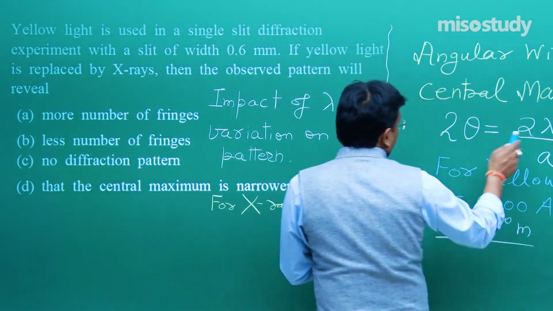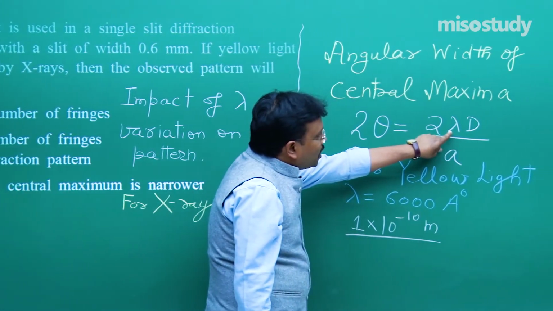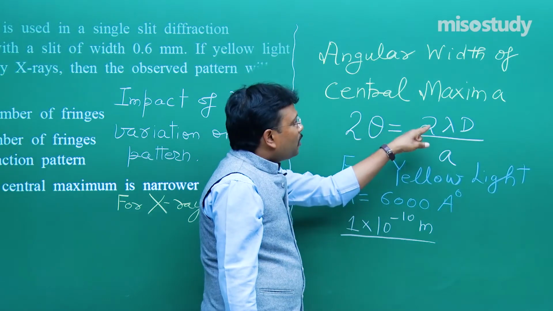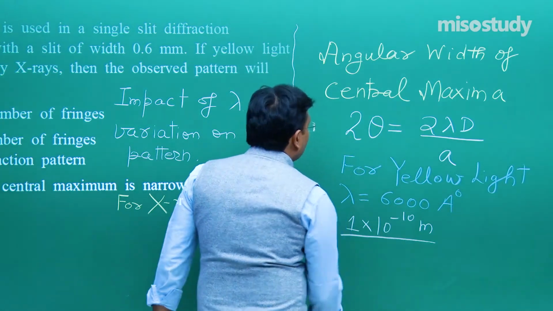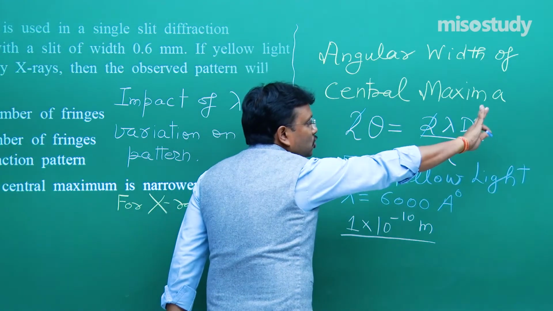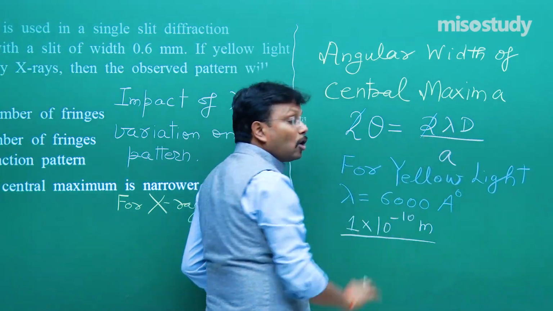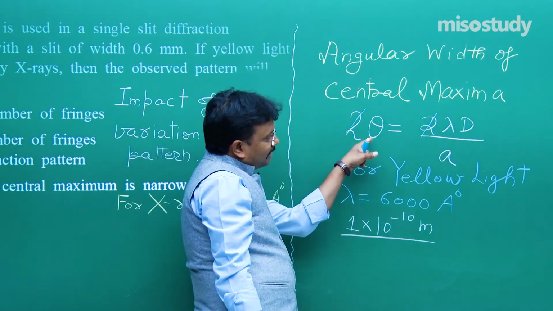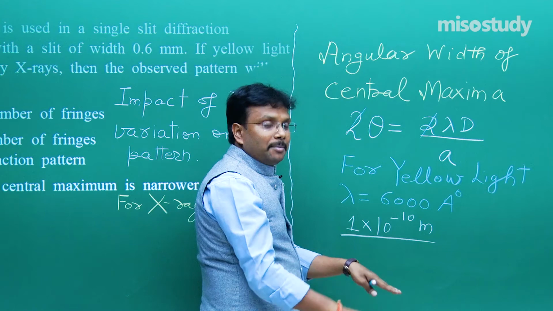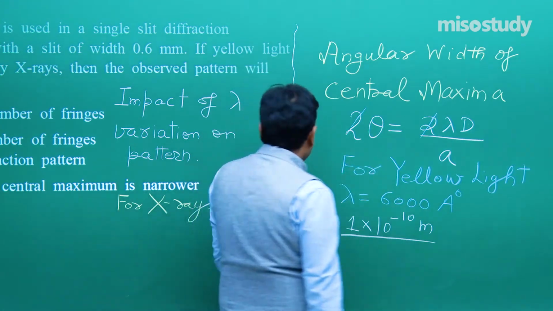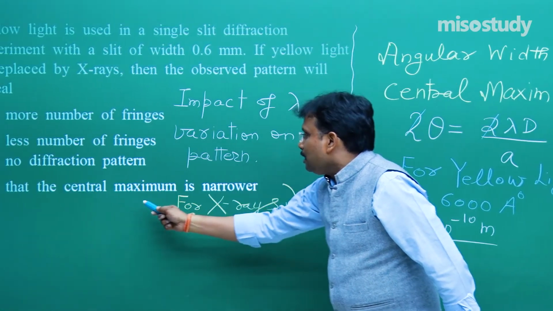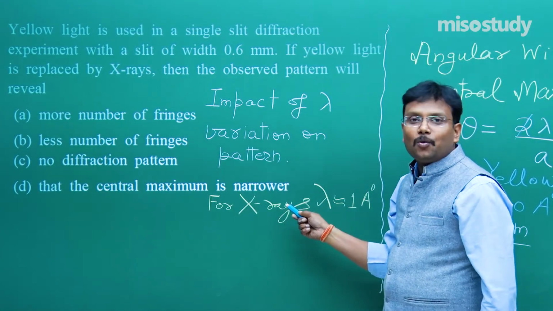So from here you can easily find out, if you reduce the lambda, theta is reduced, and as such no change in capital D and small a. So you can say directly theta is directly proportional to lambda. So reduction in lambda, it is also going to be narrow.